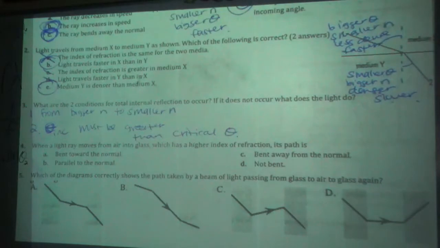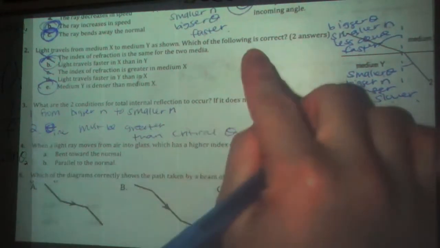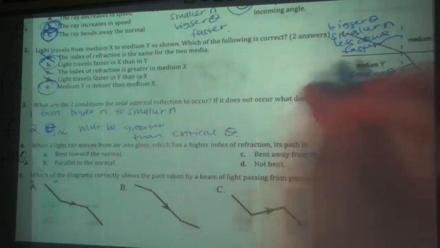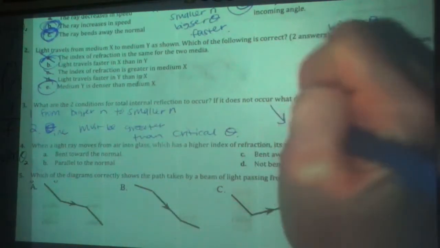Critical angle is defined as the angle that makes it refract at 90. If I come in at any more than that angle, it'll refract at more than 90, which isn't refracting anymore. That's on the other side, or the same side, that's reflection. And if it does not have total internal reflection, then it will just refract.